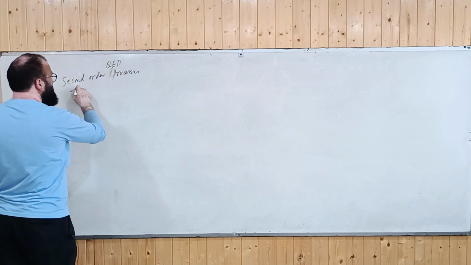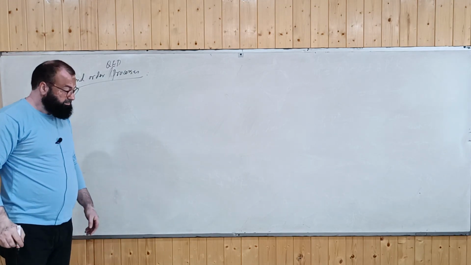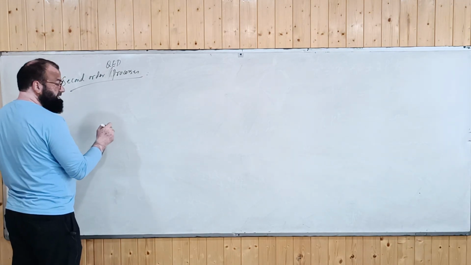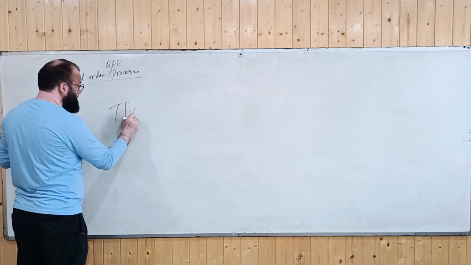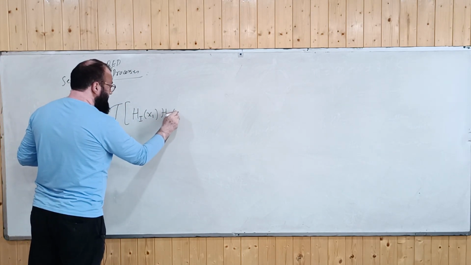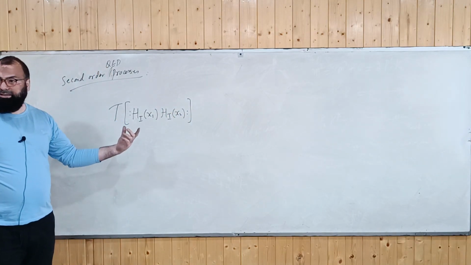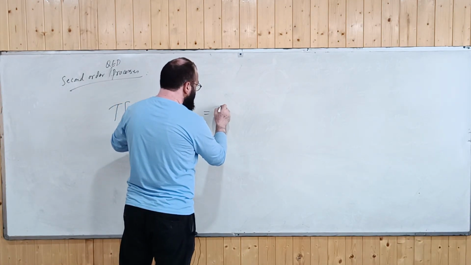Second order QED process. So what do I need to look at? In the second order, there is a time ordered product of H_I of x1, H_I of x2. Clear? Now let's apply, what is our H_I?